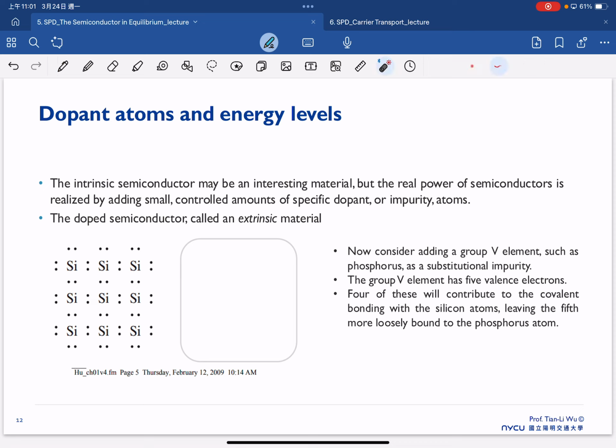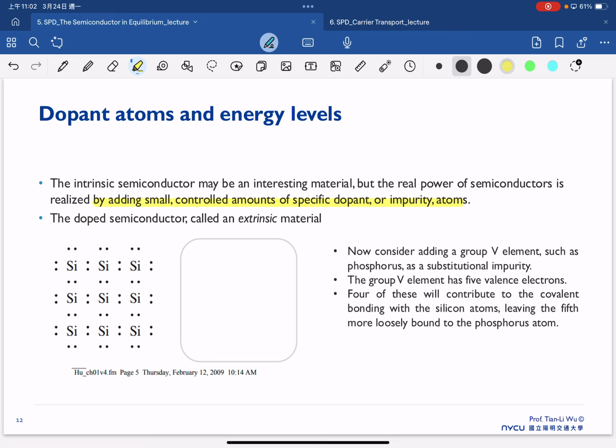The intrinsic semiconductor might be an interesting material, but the real power of a semiconductor is realized by adding a small, controlled amount of specific dopants or impurity atoms. So we can intentionally add dopants inside, and that can create something different for our semiconductor material.